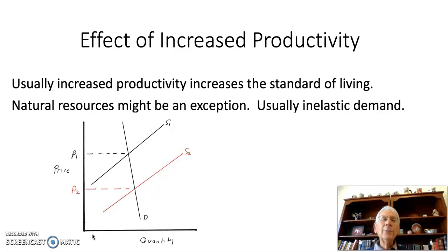Now, sometimes it turns out increasing productivity doesn't result in a higher standard of living. Sometimes, for example, if we look at natural resources, we find out generally there's only so much we want of natural resources. Give you an example. If nations all across the world figure out how to double the production of coffee, the supply of coffee goes up. But in general, natural resources, coffee beans, oil, copper, corn, they have a relatively inelastic demand curve.